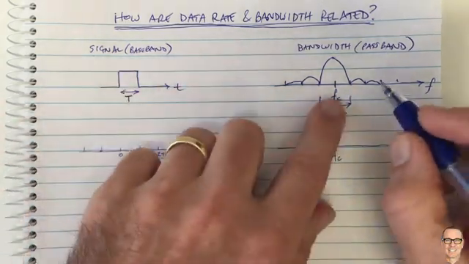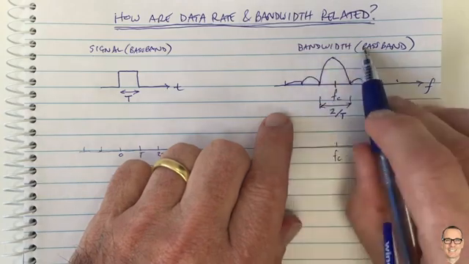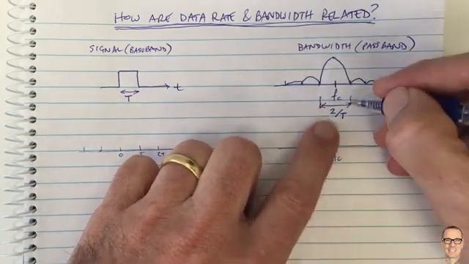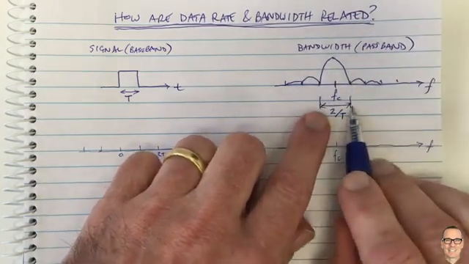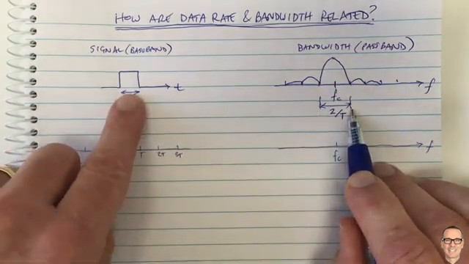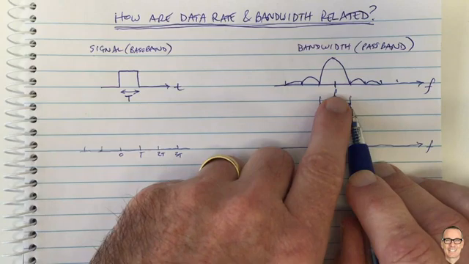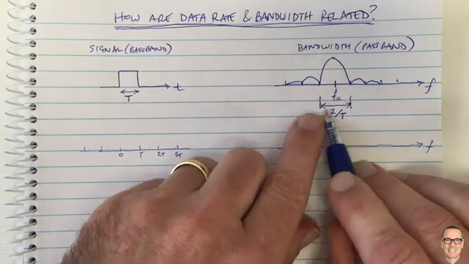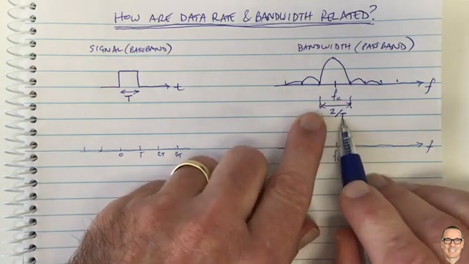I'm drawing here the passband and indicating the bandwidth you need either side of that carrier frequency if you are to transmit this signal at that carrier frequency. And that bandwidth is 2 divided by capital T.